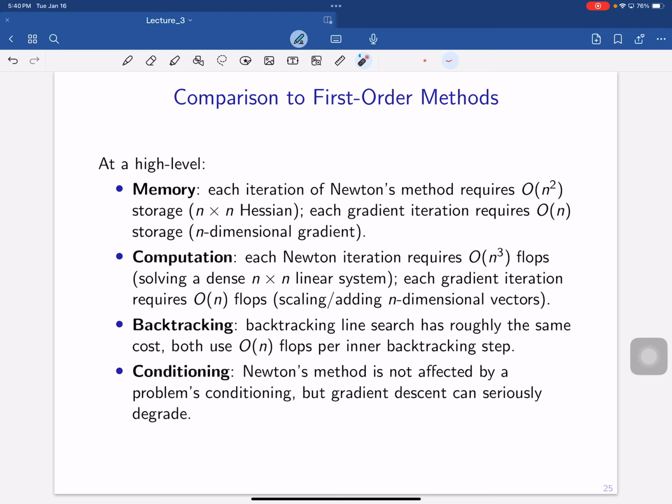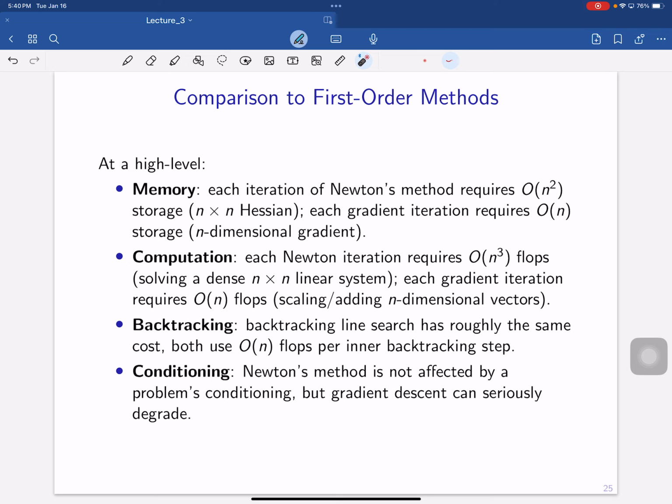And for computation, each Newton iteration requires n cube flop operations, because you need to take the inverse of a matrix, which is roughly n raised to the power of three. And each gradient descent direction is just a vector-vector product. That's why it's O(n) flops.